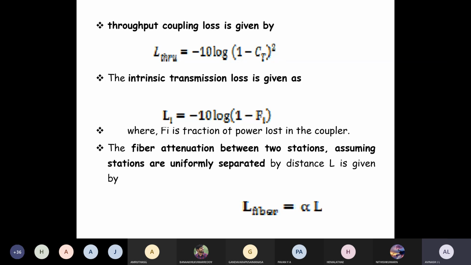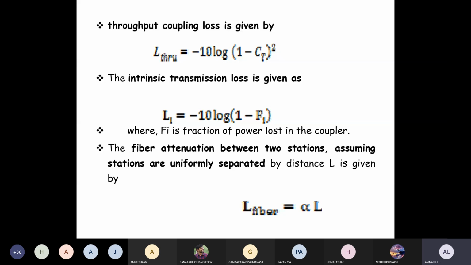You learned in the second module what the different kinds of losses are. The fiber attenuation between the two stations, assuming the stations are uniformly separated by the distance L, is given by the attenuation factor.